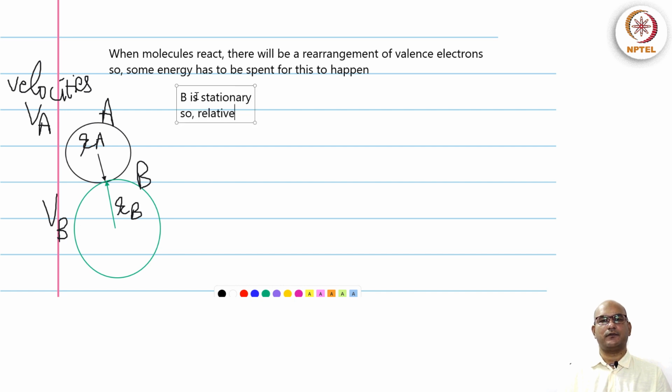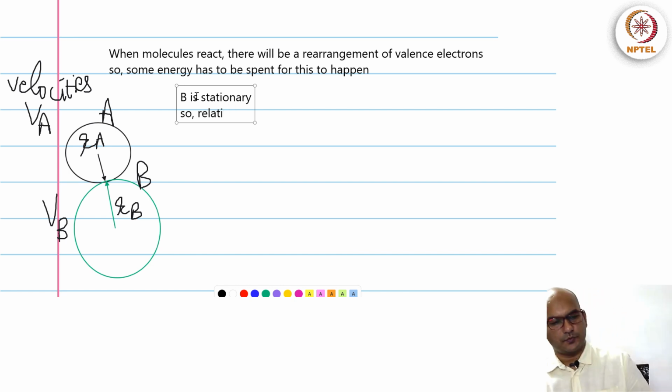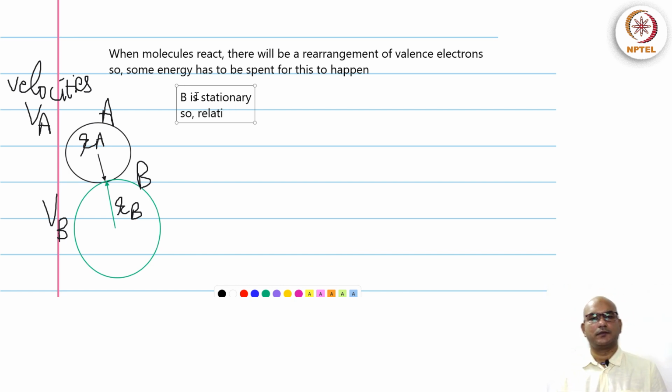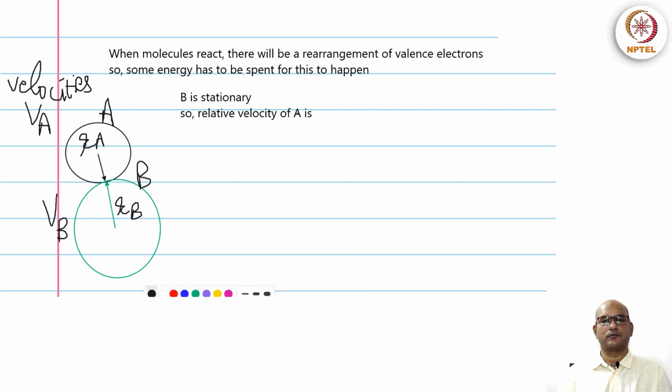So, the relative velocity or the velocity of A relative to B is V equal to VA minus VB, because B is stationary, so the relative velocity would be VA minus VB.